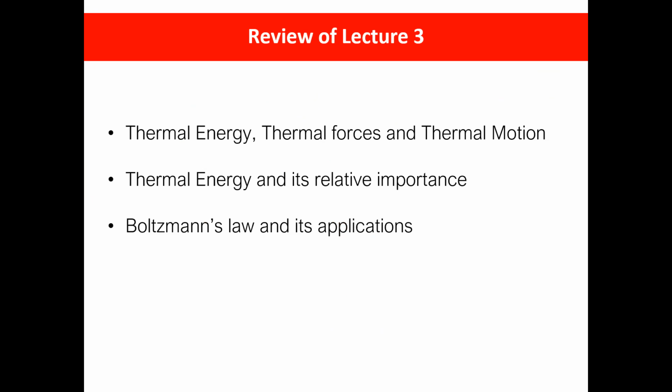The magnitude of this thermal energy at room temperature, which is generally taken as 300 Kelvin, is 4.141 times 10 to the power minus 21 joule. So the amount of energy that any object can acquire from the surroundings is very, very small, and therefore this thermal energy doesn't matter much at the macroscopic scale.